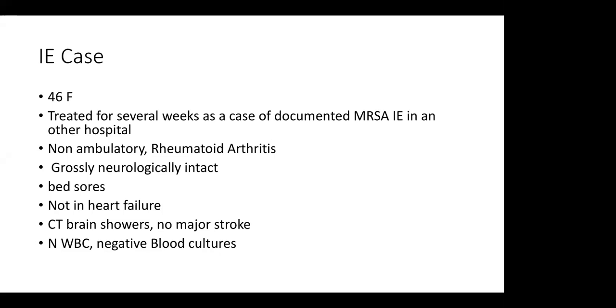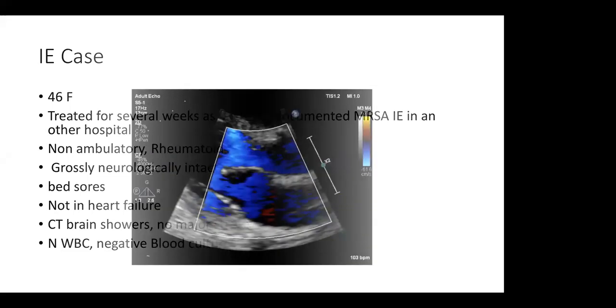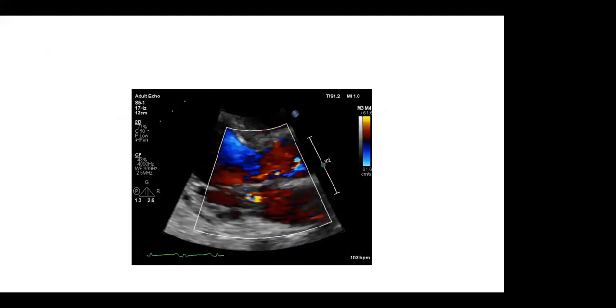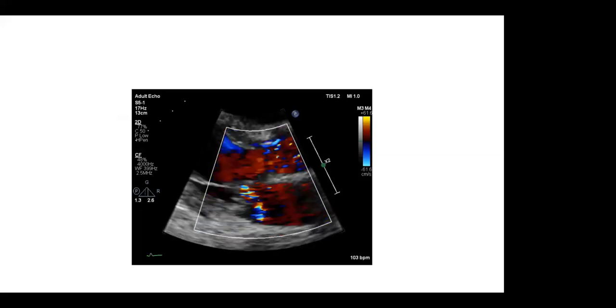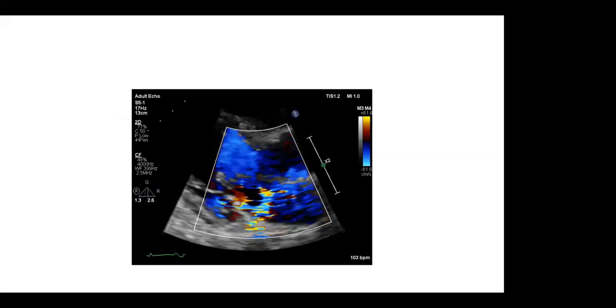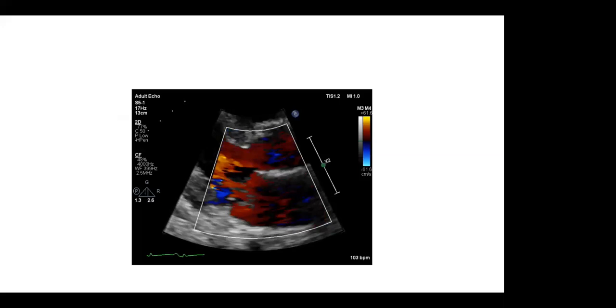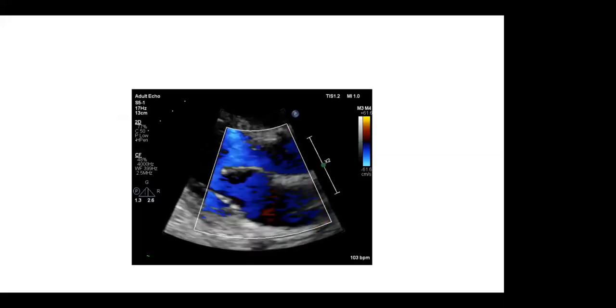Her septic profile is reasonable, white cell count 12, and her blood cultures were negative on this admission. This is her echocardiography showing moderate mitral regurgitation. Other valves do not have significant pathology.